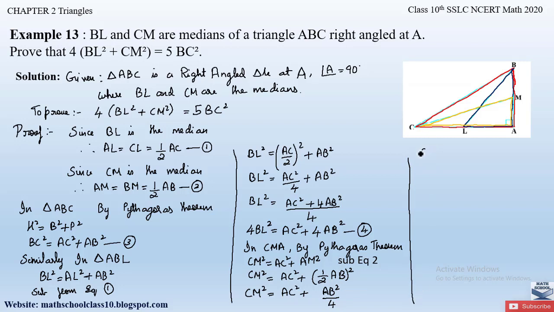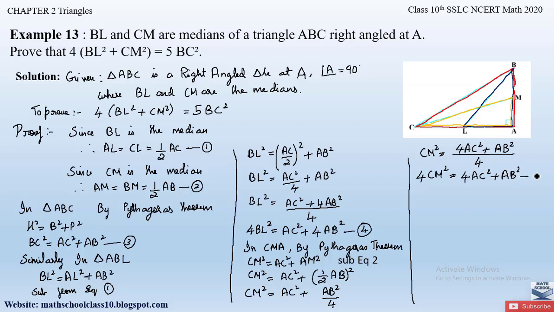Now again let us take the LCM. Taking the LCM as 4, we get CM square is equal to 4AC square plus AB square. Now cross multiplying and sending this 4 to the left hand side, 4CM square is equal to 4AC square plus AB square.